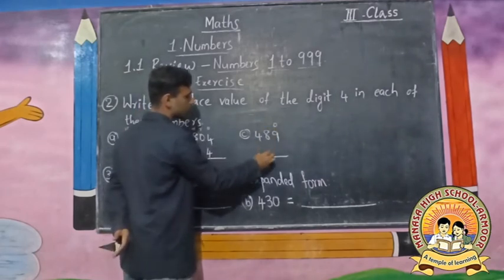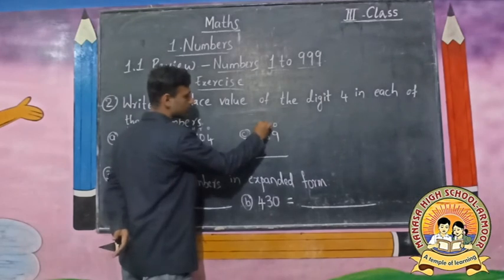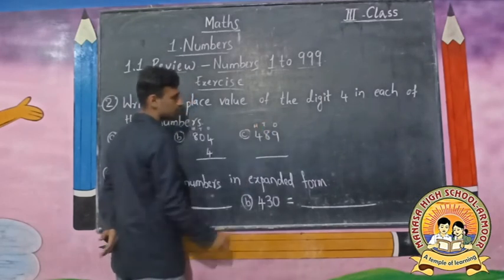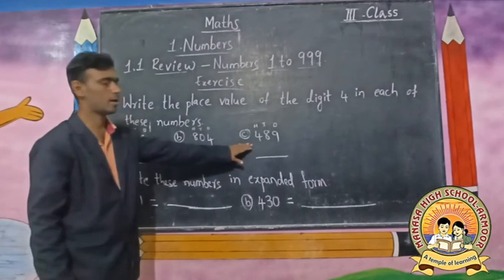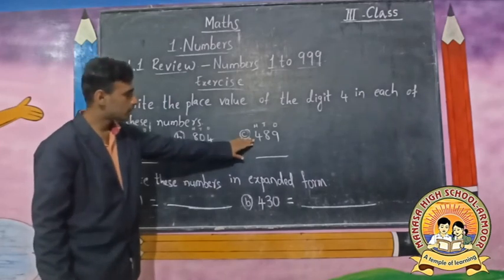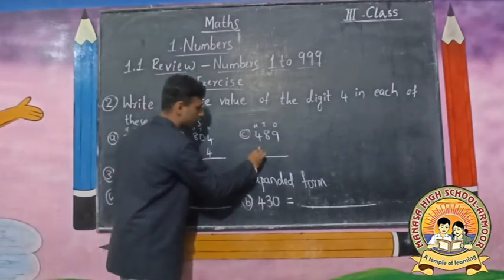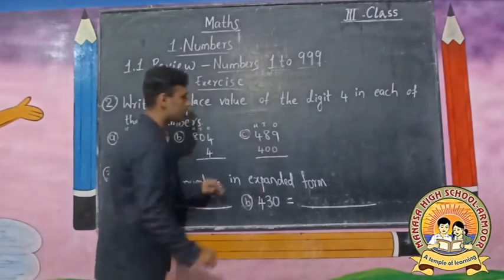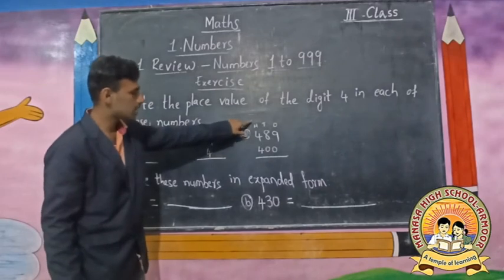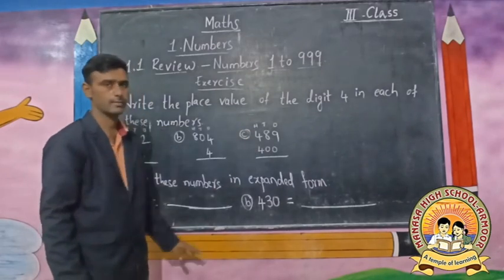Here 9 in ones place, 8 in tens place, 4 in 100 place. So what is the place value of 4 here? 4 in 100 place. So the answer is 400. Here 4 is in 100 place. So the answer is 400.